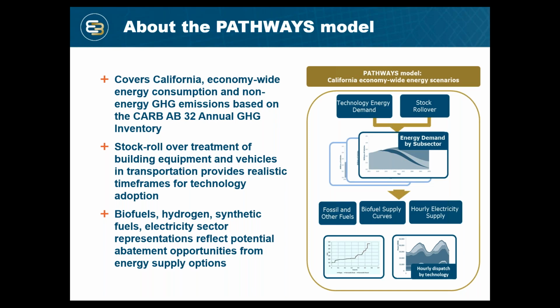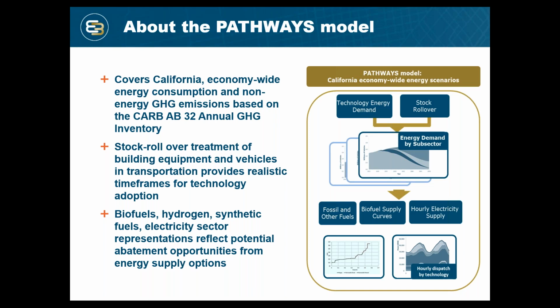We look at energy consumption overall in industry. And we have a representation of electricity generation at an hourly level. And we also have a zero carbon fuels supply module where we're looking at particularly low carbon hydrogen and biofuels.